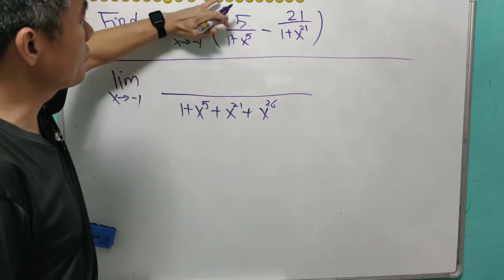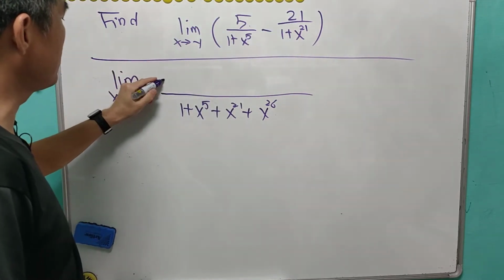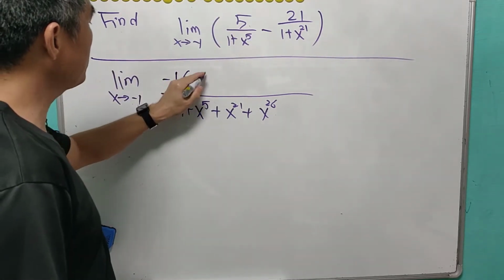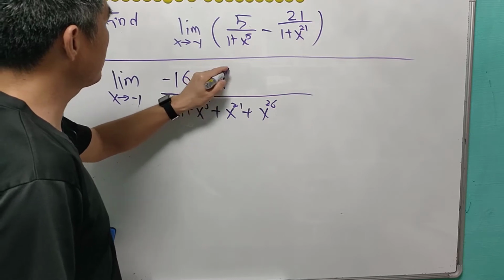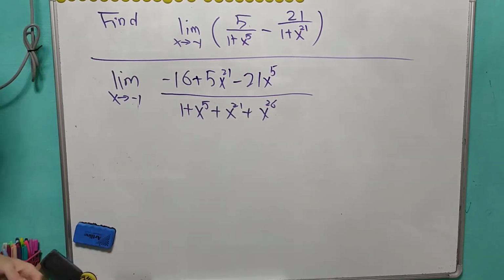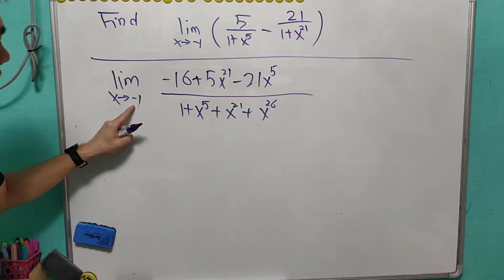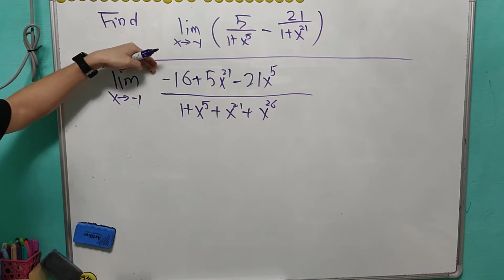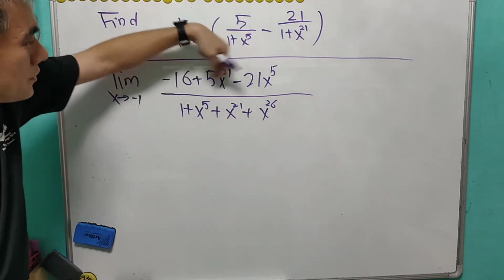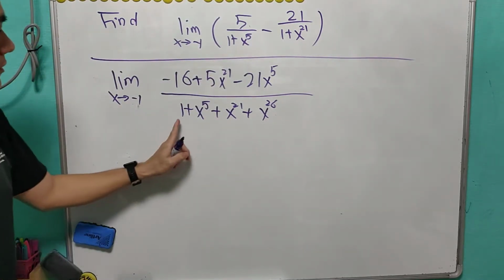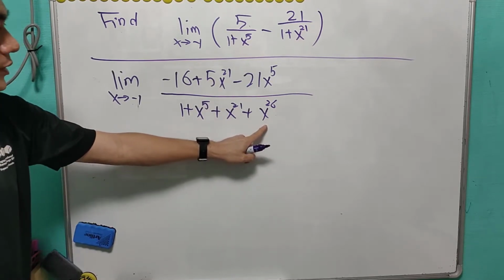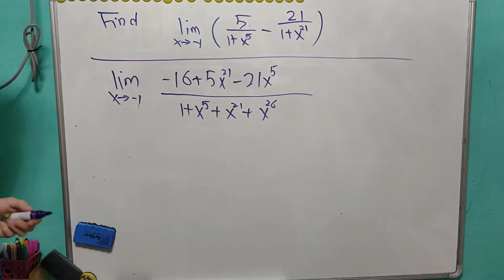And for this, the numerator will be equal to 5 minus 21, that is -16, and it will be 5x^21 minus 21x^5. Now in this case, we see that when x goes to -1, the numerator is -16 minus 5 plus 21, which will be equal to 0. Likewise, for the denominator, it is 1, -1, -1, and plus 1. Again, it's a 0. So we can use L'Hopital's rule.